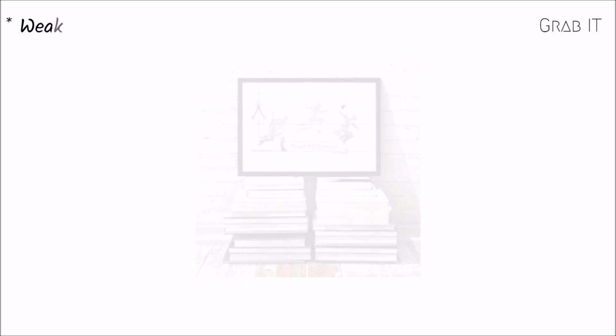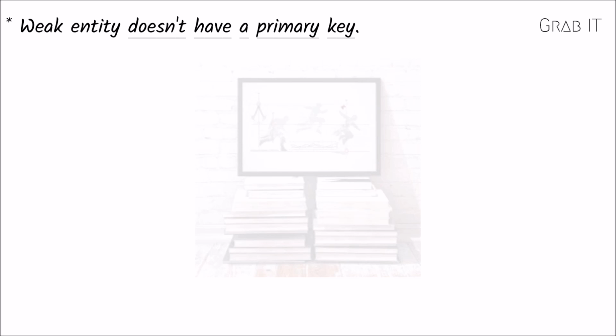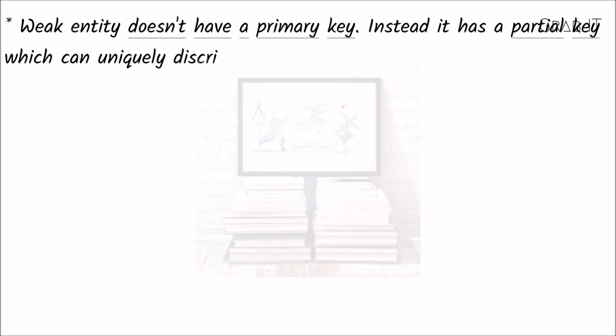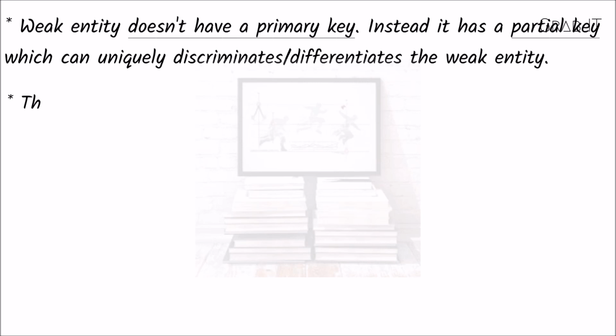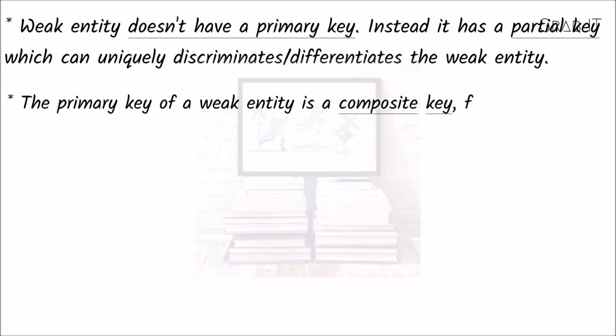A weak entity doesn't have a primary key. Instead, it has a partial key which can uniquely discriminate the weak entity. The primary key of a weak entity is a composite key, formed from the primary key of the strong entity and the partial key of the weak entity.